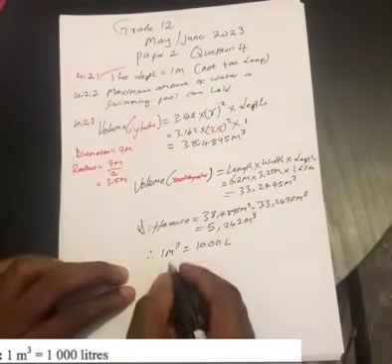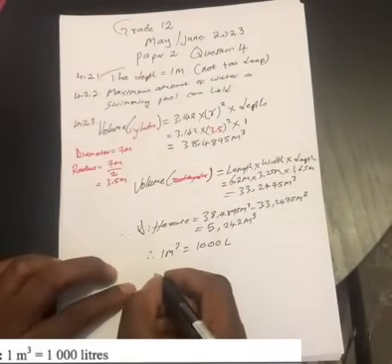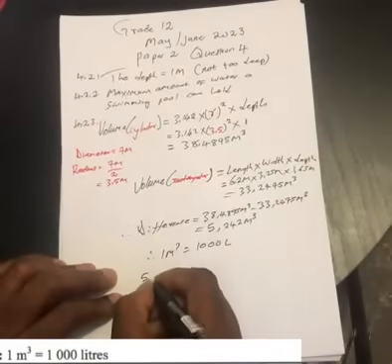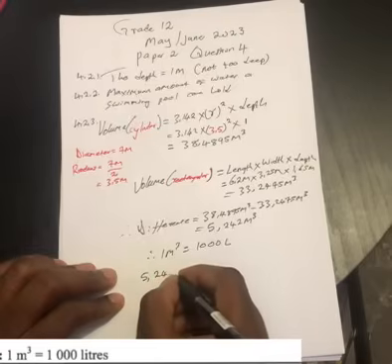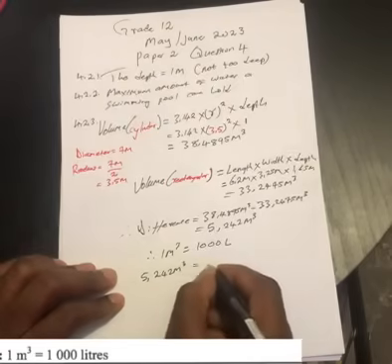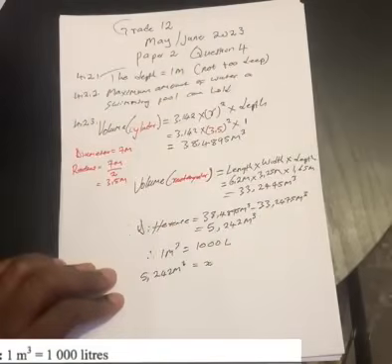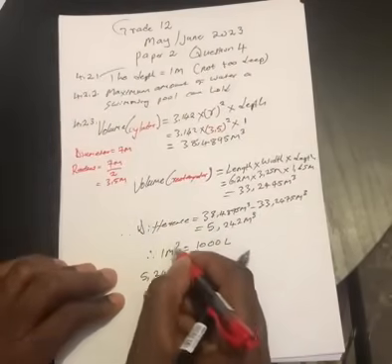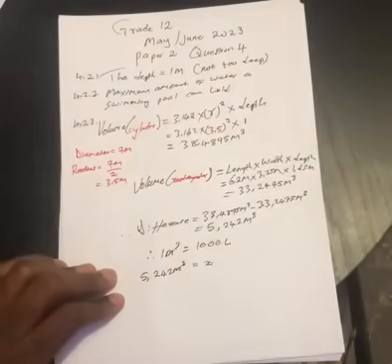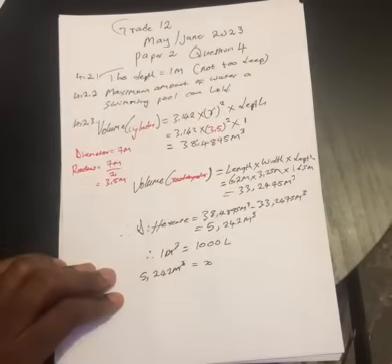We know what is given. We are given meters. Same unit, same side. 5.242 meter cube is equal to x. The unwanted units, we eliminate them because we are converting to liters.